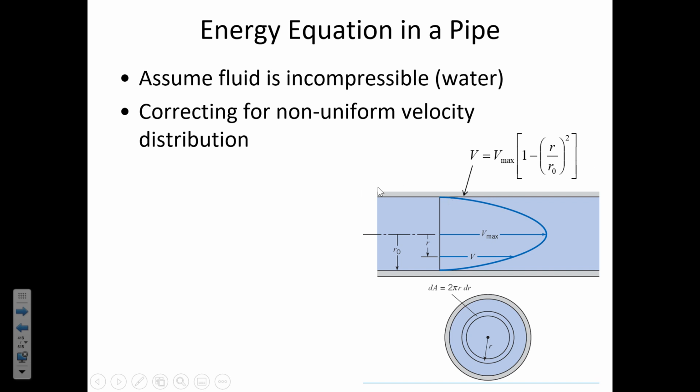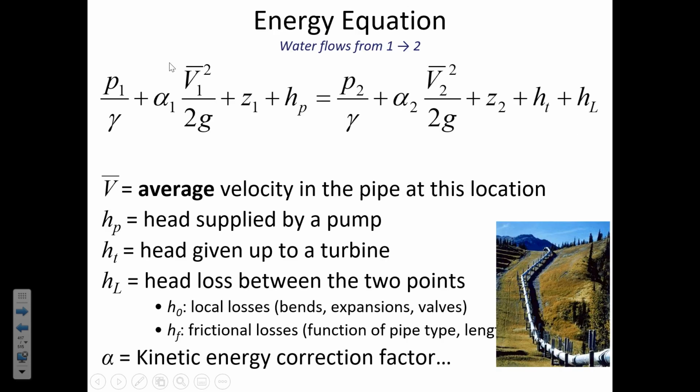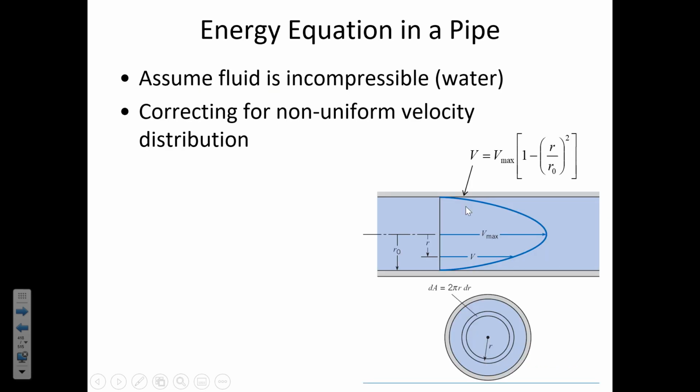Now, if you have a bullet-shaped laminar velocity profile like this, then the maximum velocity is twice the average velocity. Now remember, in the energy equation, what we're using is the average velocity. And so if you just use the average velocity as a representation of how much kinetic energy is actually in the fluid, then you'd be under-representing how much energy is actually there.